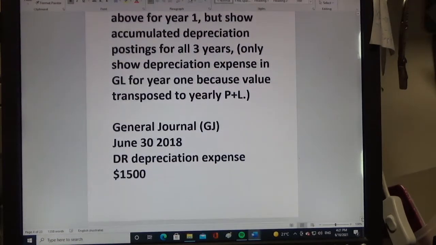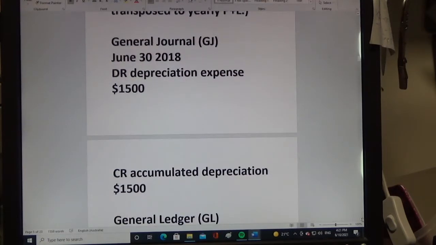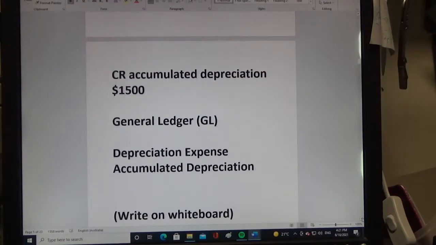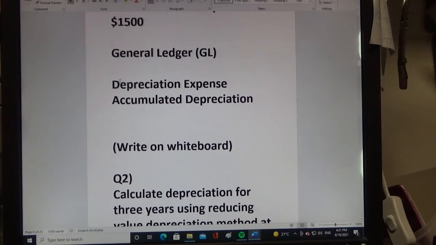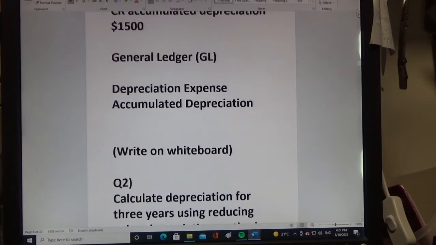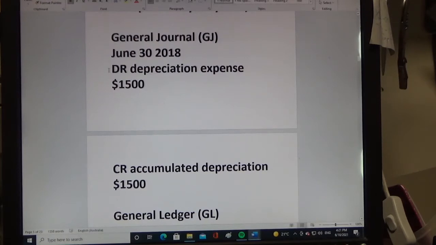Okay, and so the General Journal entry for 2018, debit depreciation expense 1,500, credit accumulated depreciation 1,500, and that figure has to be posted to General Ledger as well. In those T-shaped accounts, depreciation expense and accumulated depreciation. So if you're going to post it, you look for depreciation expense, put it in the left hand side, the debit column, but label it accumulated depreciation.